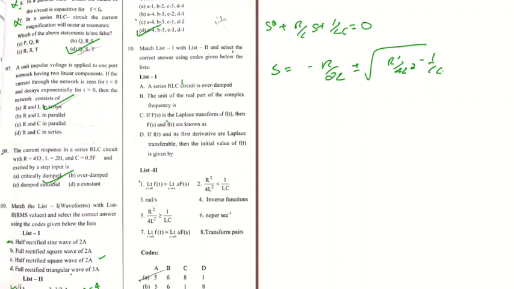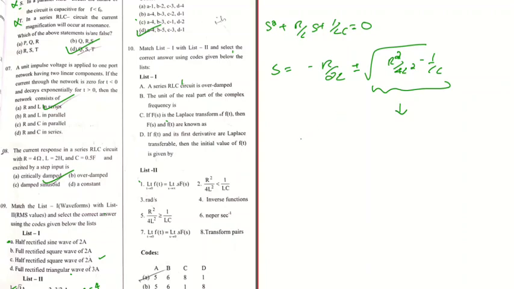If it is overdamped, that means, I am going to write the characteristic equation of a series RLC circuit here. That is s square plus R by L s plus 1 divided by LC equal to 0. And here the roots of this equation are s equal to minus R by 2L plus or minus root of R square divided by 4L square minus 1 divided by LC. So our damping factor is determined by what is inside this root.